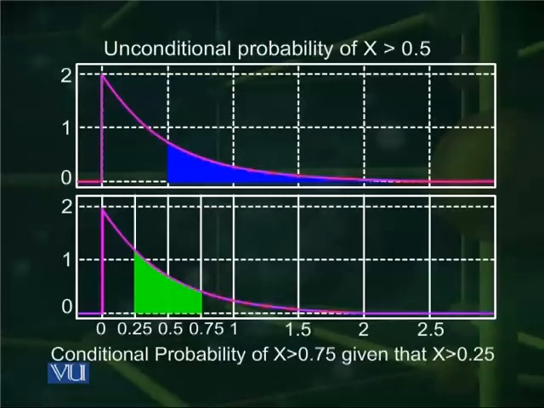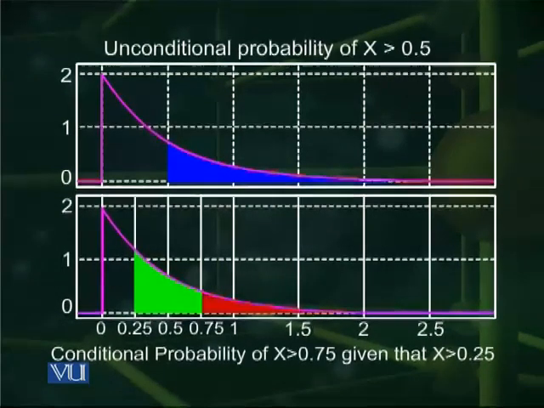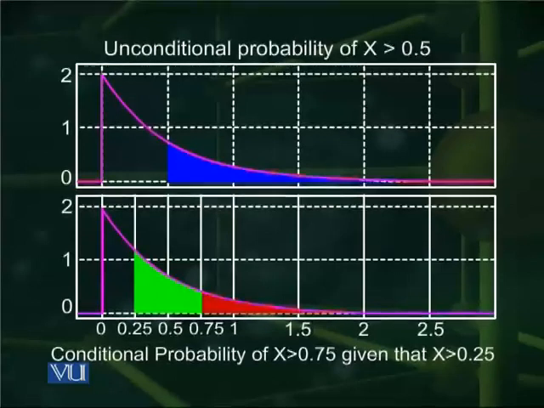That is 0.5 plus the time it has already survived. You can see that the joint probability is represented by the red region, and the conditional probability is obtained by dividing the area of the red region by the total area of the red and green regions.